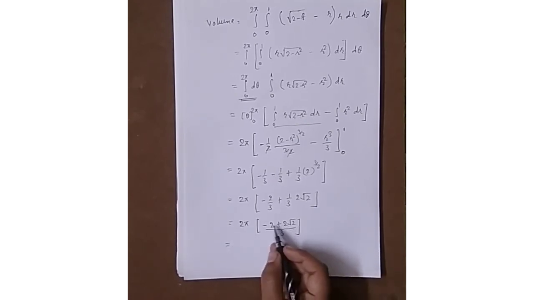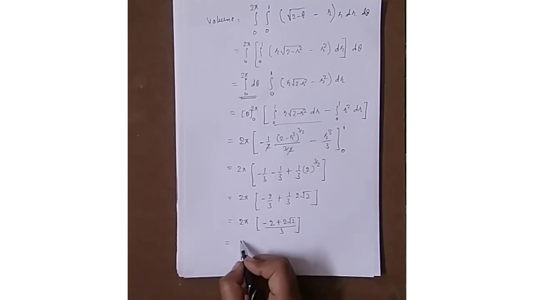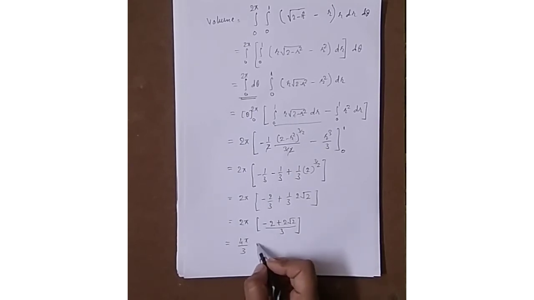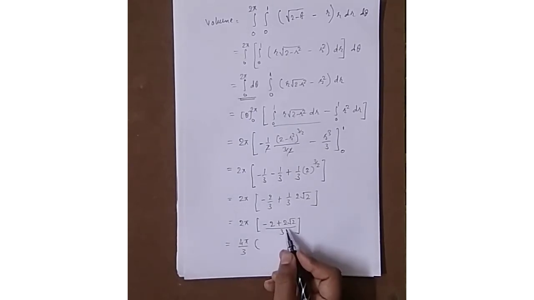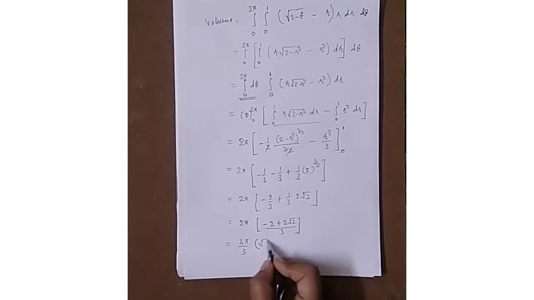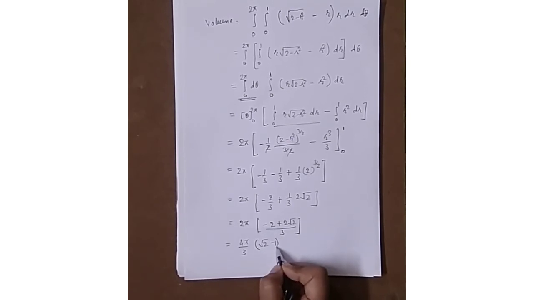Take 2 common in the numerator, and 2 into 2 pi is 4 pi, with 1/3 outside. So finally the term remaining is square root of 2 minus 1. So this is my answer.